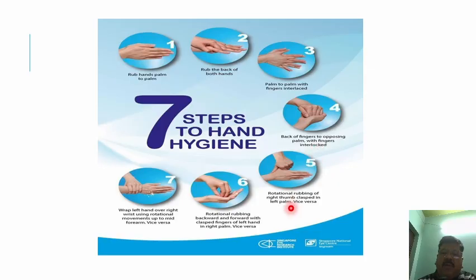Then rotational rubbing of the thumbs, right thumb, left thumb, and vice versa. Then fingertips, rotational rubbing backward and forward with the clasped fingers of the left hand in the right palm and vice versa. Then last, wrap the left hand over the right wrist using rotational movements up to the mid palm, and vice versa. So these are the 7 steps of hand washing.